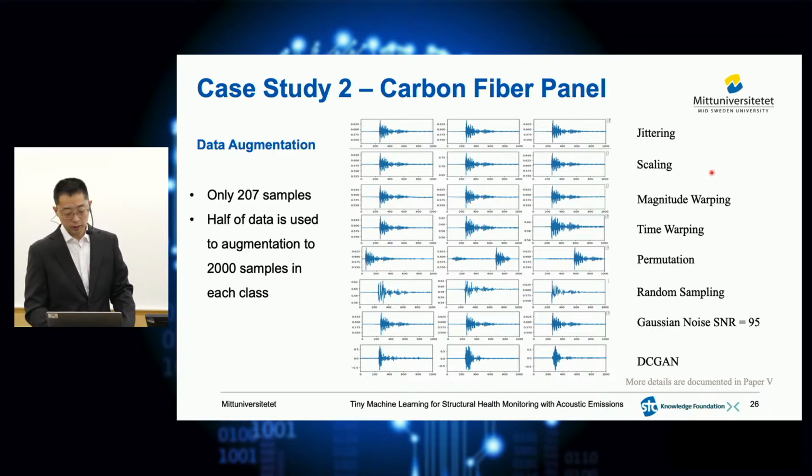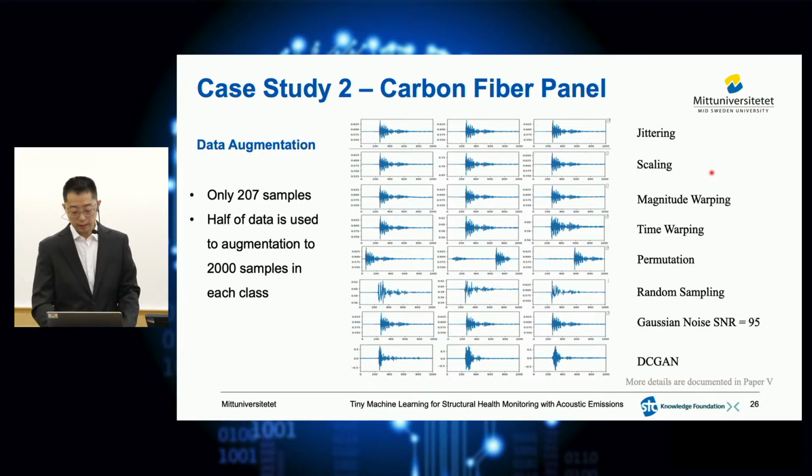We introduce several methods here, jittering and scaling, which are quite similar. They basically add random numbers following a normal distribution centered around the mean with a standard deviation to the original signal. For magnitude warping, the amplitude of the signal is nonlinearly adjusted over time. For time warping, we use the time axis of the signal to create some temporal variations.